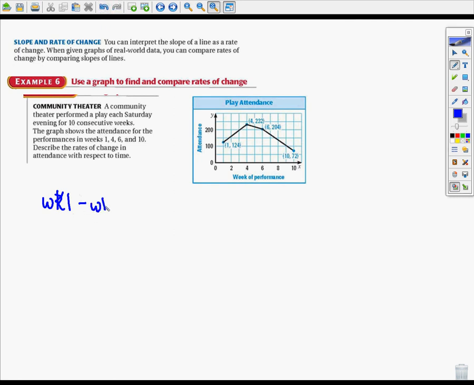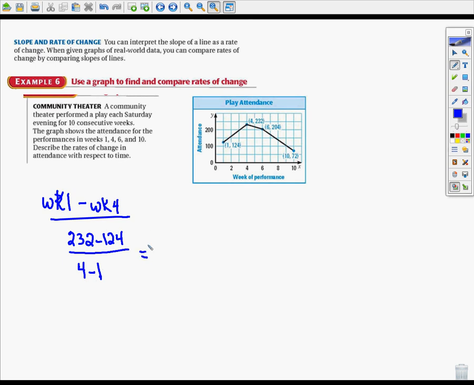to week 4. We will go 232 minus 124. There's the change in the attendance over 4 minus 1. And that is the change in the weeks.